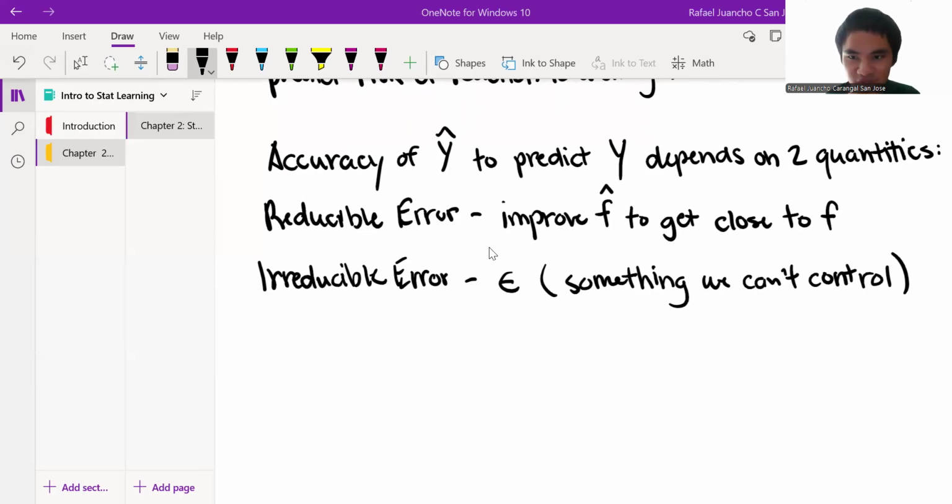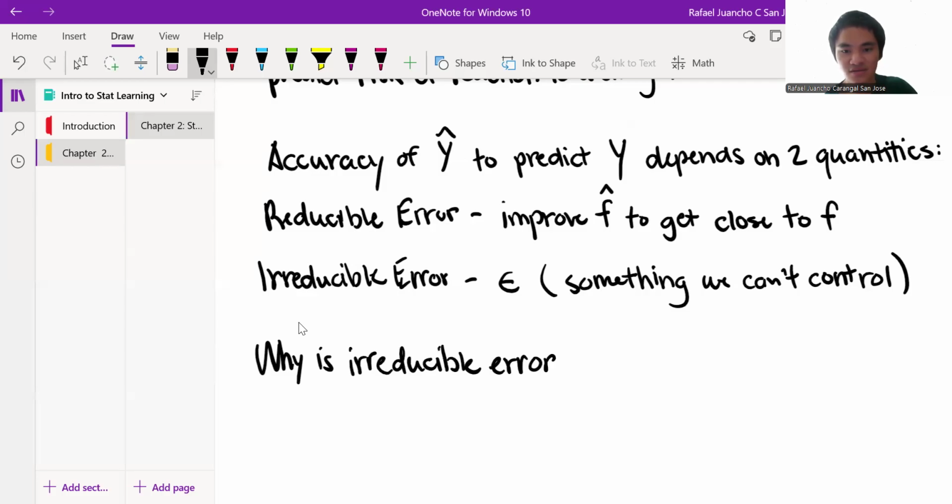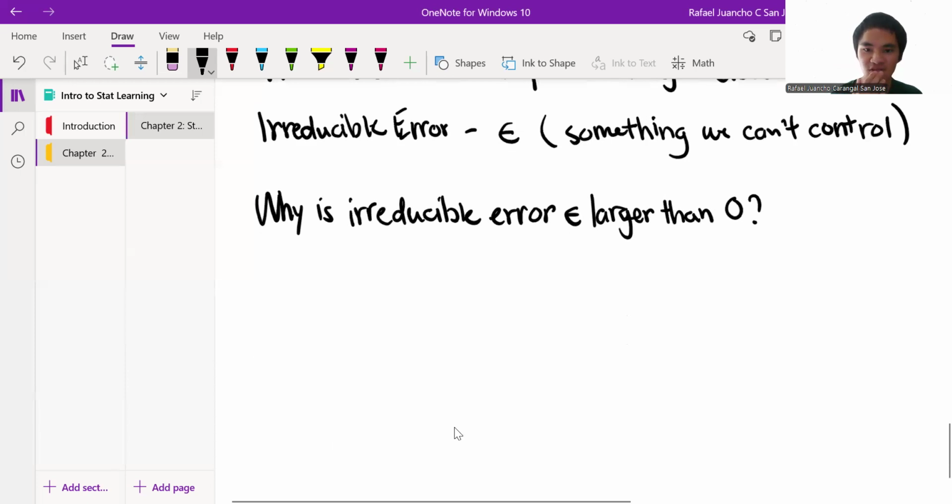Okay, I'm a bit confused on this part. I'm just going to write it down, see if I get it. So why is the irreducible error epsilon larger than zero? Is it though? Oh yeah, it is. It just has an average of zero, but why is it larger than zero? Oh, okay, now I get it.